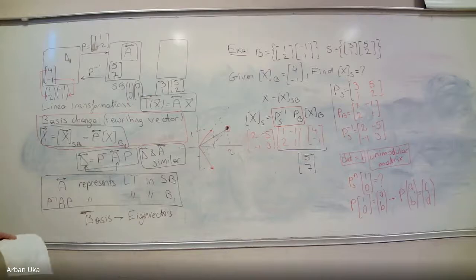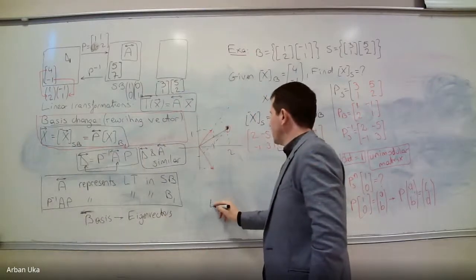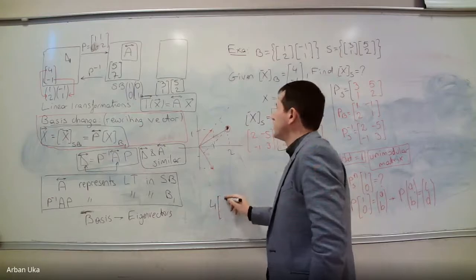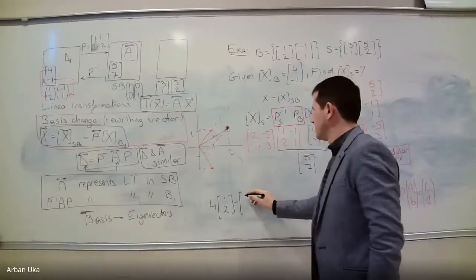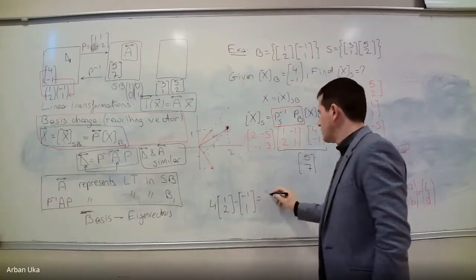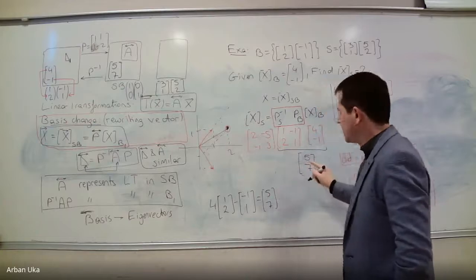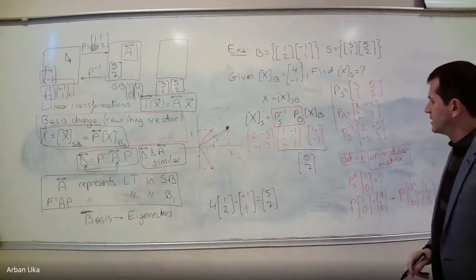So it is equivalent to writing 4 times 1, 2 plus minus 1 times minus 1, 1, which gives 5, 7. So it is the same result.